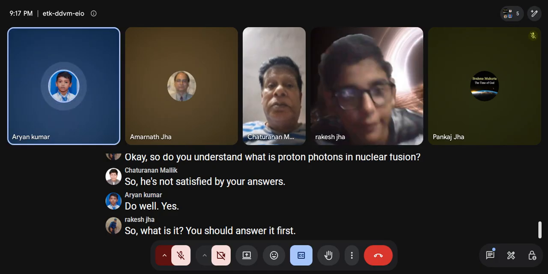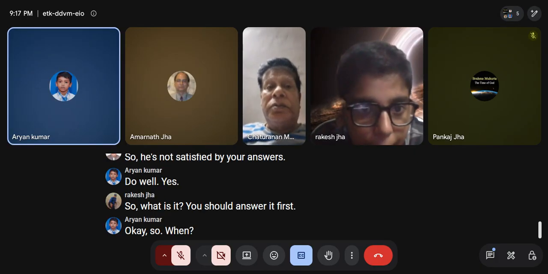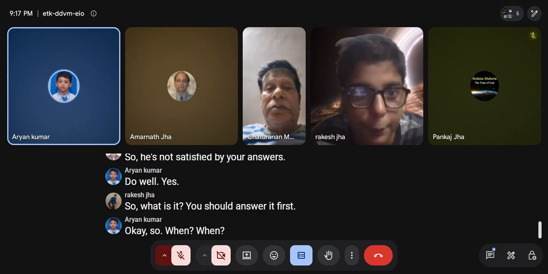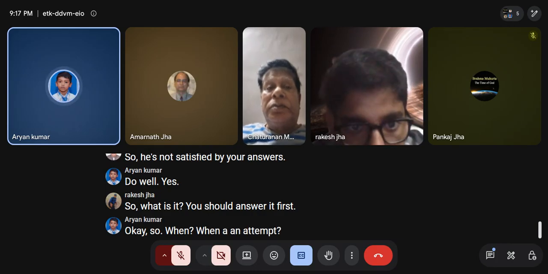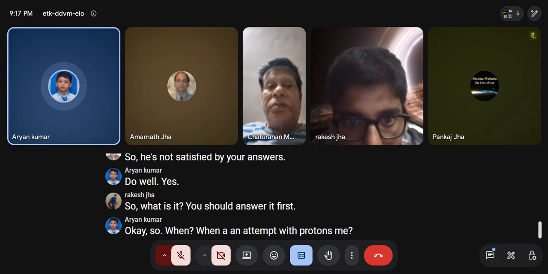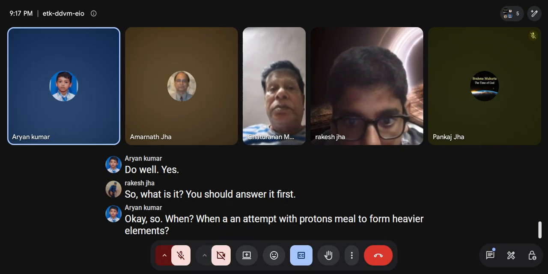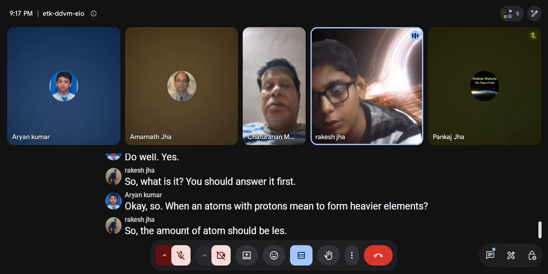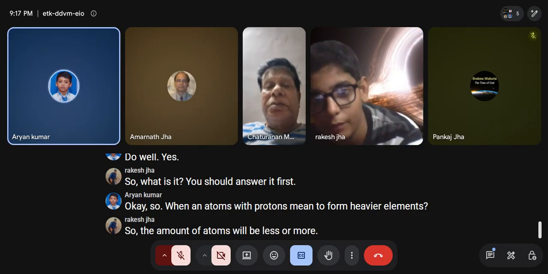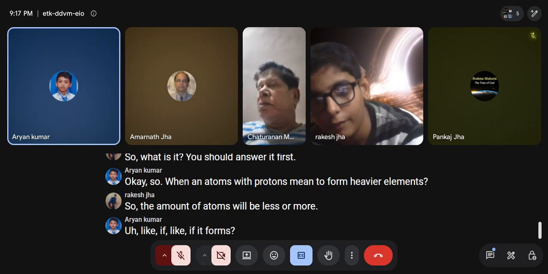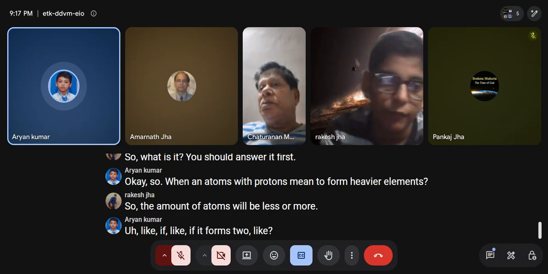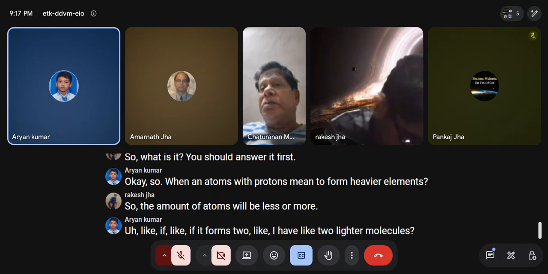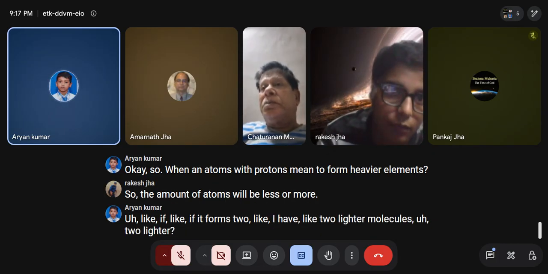Okay. So when atoms with protons meet to form heavier elements. So the amount of atoms should be less or more? Like if two lighter ones become a heavier one.